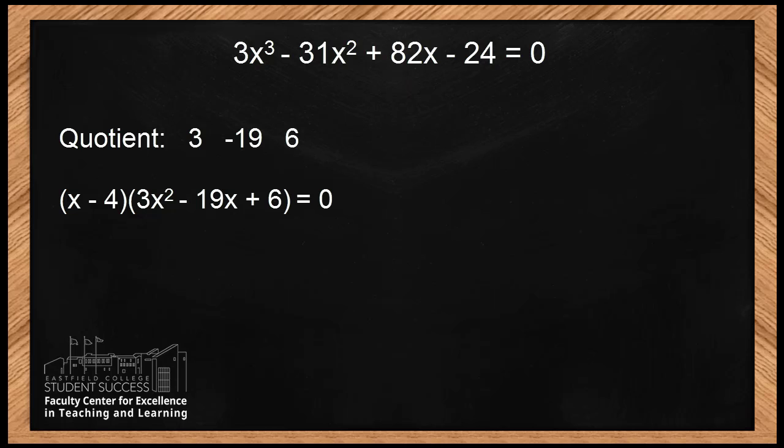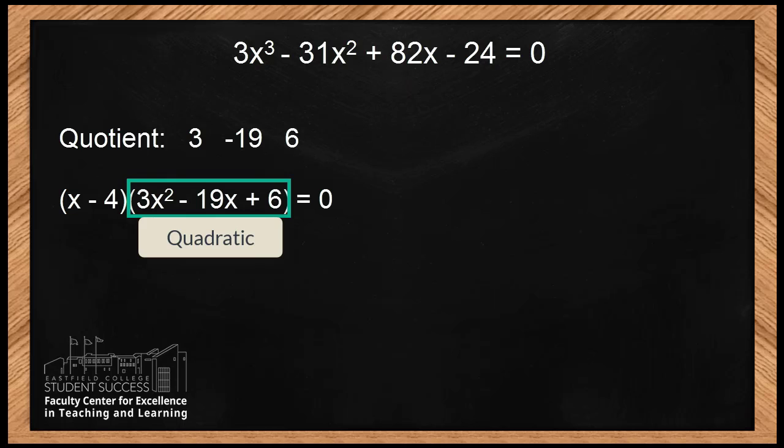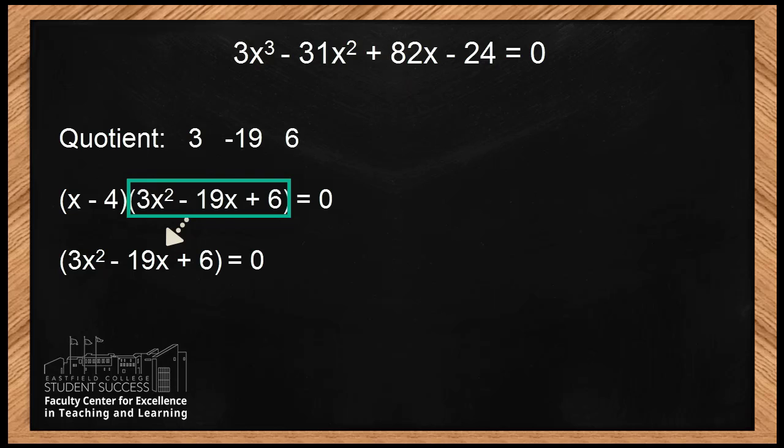But what do we do now? We only know one of the answers. We only know that 4 is a 0. We don't know anything else. But now notice, go back to your quotient. Go back to this factor. Isn't that a quadratic factor? So now we can take this factor and set it equal to 0.